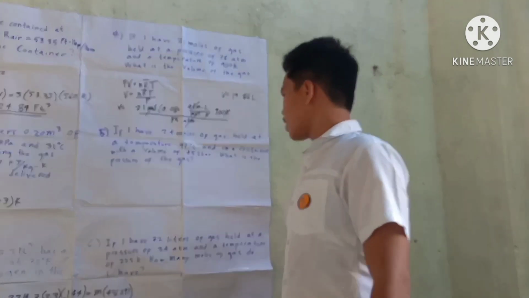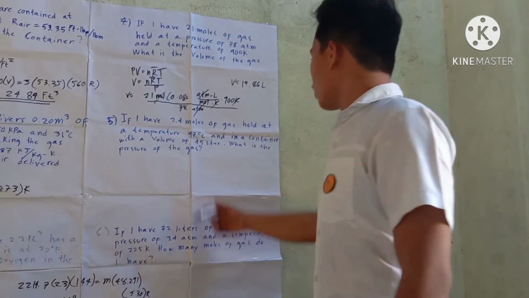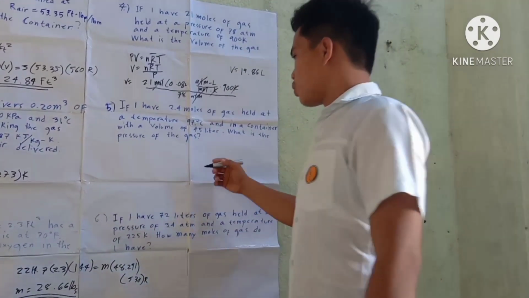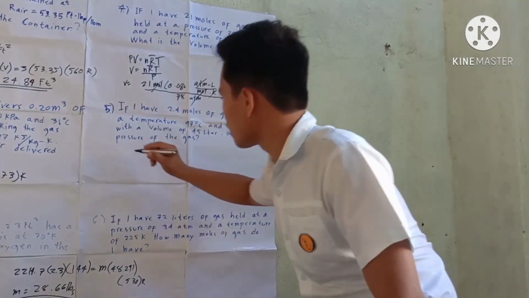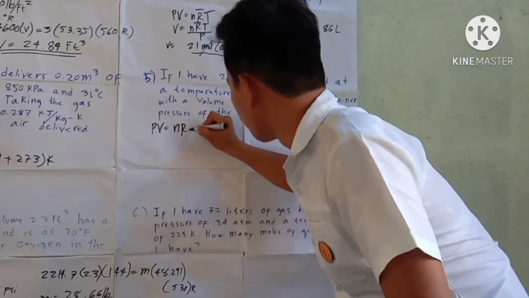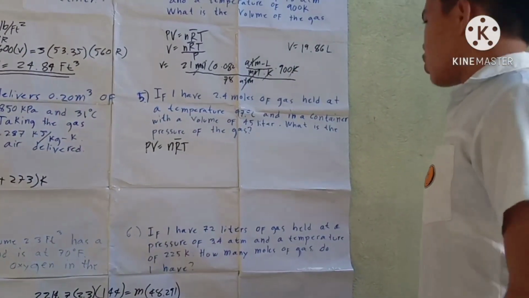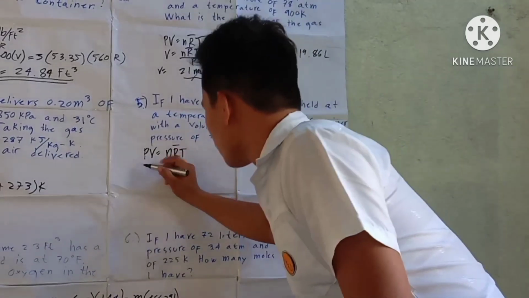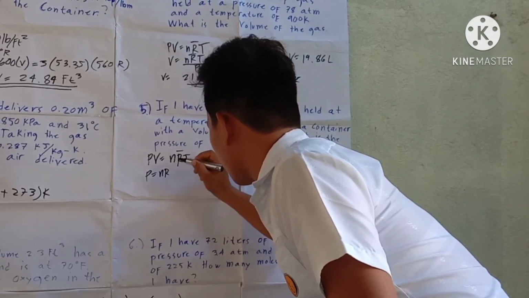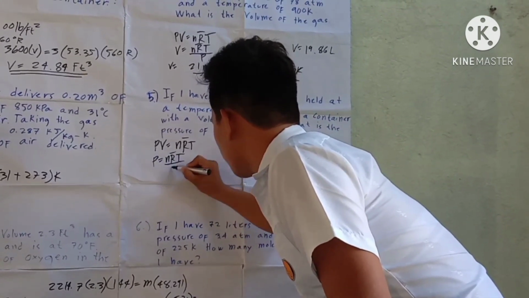Since the number of moles, the temperature and the volume are given, along with the universal gas constant, we need to solve this using the formula PV equals nRT. Since we need to find the pressure, we convert the formula into P equals nRT over volume.